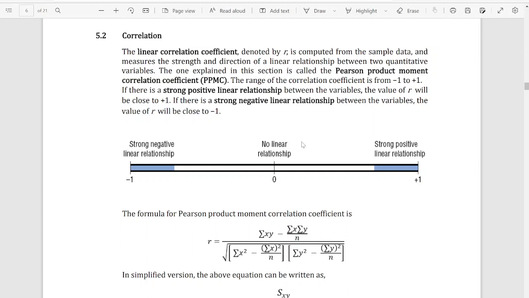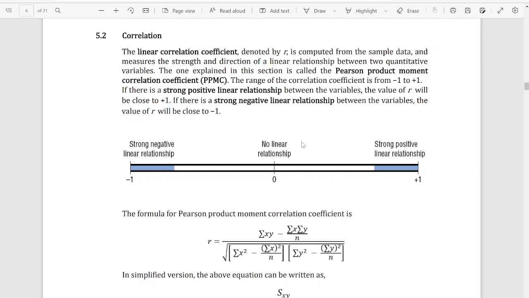Okay. The moment the value of r moves away from the two extremes, -1 and 1, the weaker the relationship will be. And the closer the value to 0 from both sides, the weaker the relationship. Okay. Dengan kata lain kat sini, kalau nilai itu menghampiri nilai kosong, maka dia punya kekuatan semakin berkurangan. Kalau dia menghampiri the two extremes, ke positif 1 ataupun negatif 1, maka kekuatan dia semakin meningkat.